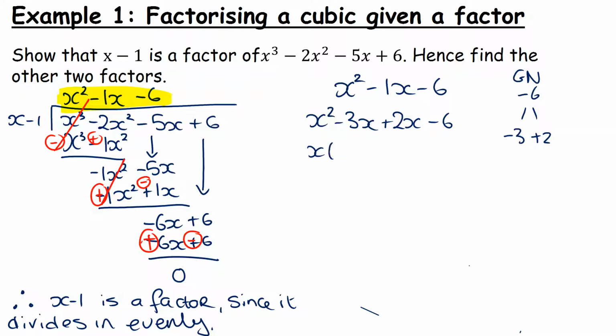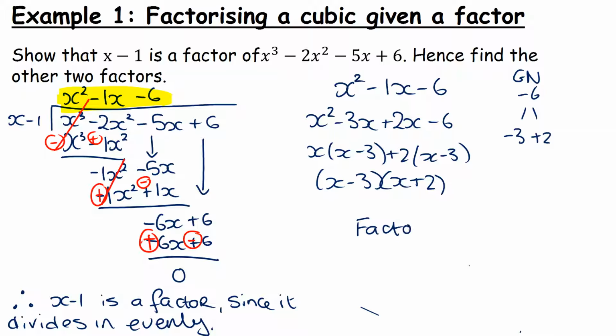So x is common, x minus 3, plus 2 is common, x minus 3, x minus 3 is common, leaving me with x plus 2. Okay, so our factors are x minus 1, x plus 2, and x minus 3.